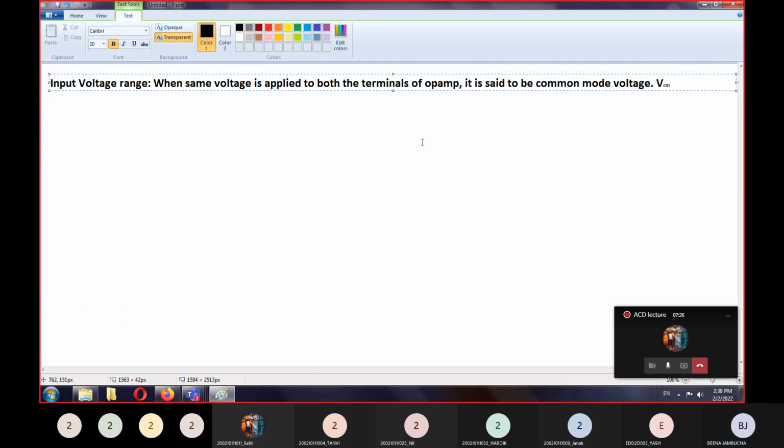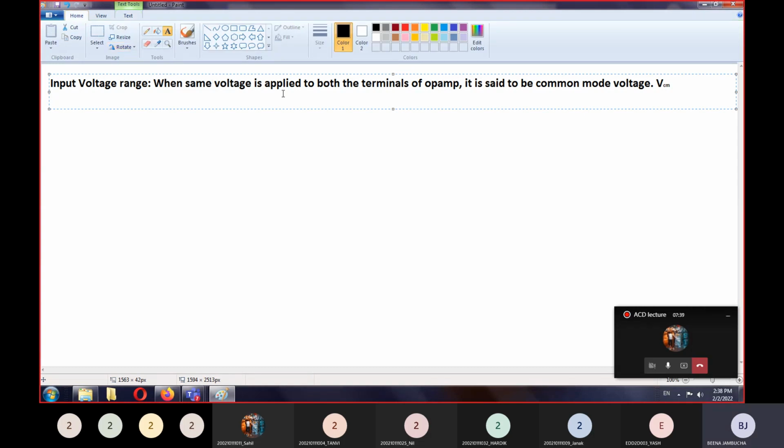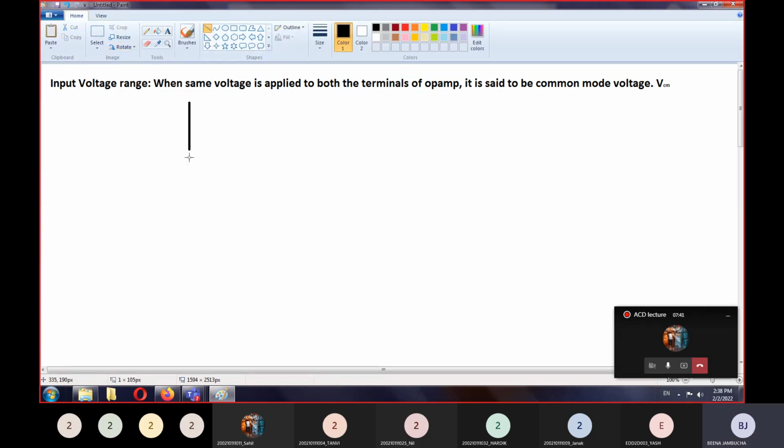So what is the maximum value which we can provide at the input of the op-amp? It is known as input voltage range. If I draw the diagram of common mode voltage, it will look something like this. These two are the input terminals of the op-amp and this one is the output terminal.